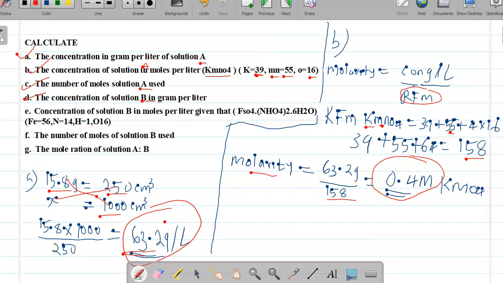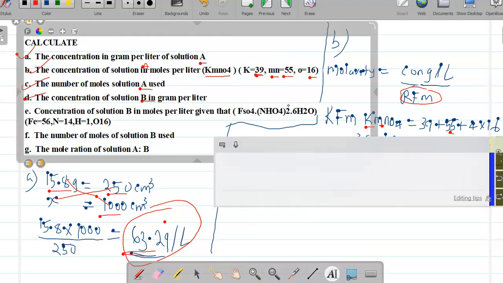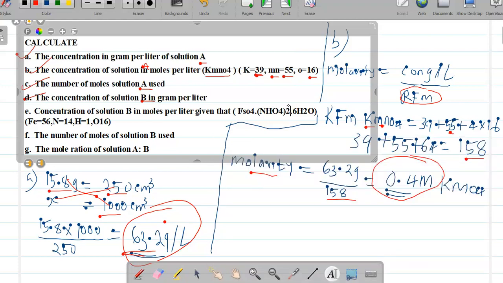Given that iron 2 sulfate, here we are missing something. So let me add the things that we are missing here: ammonium iron 2 sulfate. Let me capitalize it. Iron 2 sulfate, sulfate has 4 atoms of oxygen.